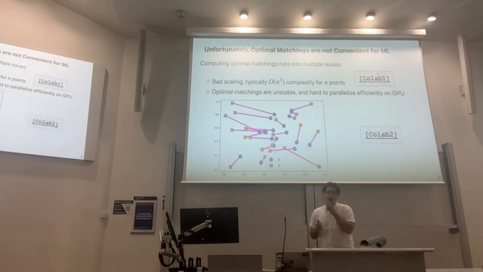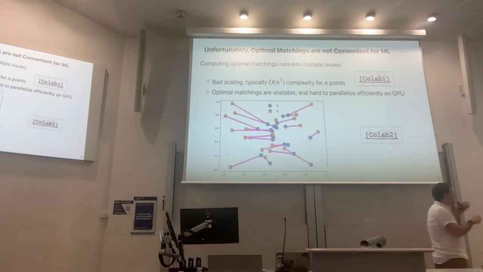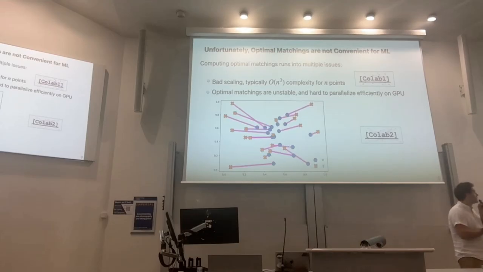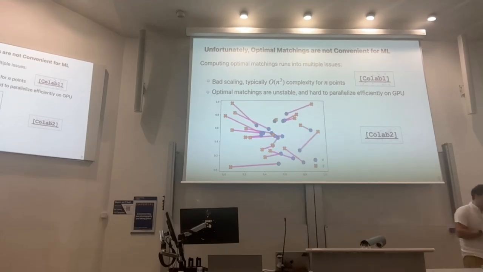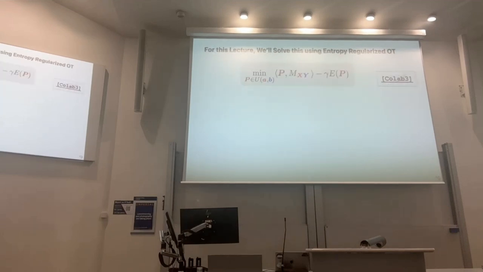Because I only have 1 hour, I'm not going to spend too much time on this. We have been working a lot in recent years on finding better, more efficient solvers, and I will talk about one in particular, which is something called the Sinkhorn algorithm.